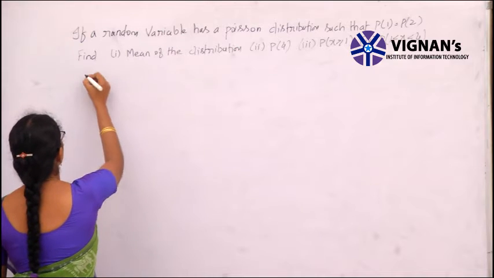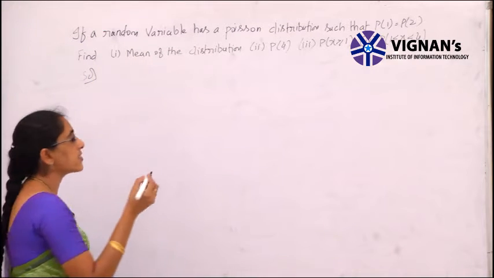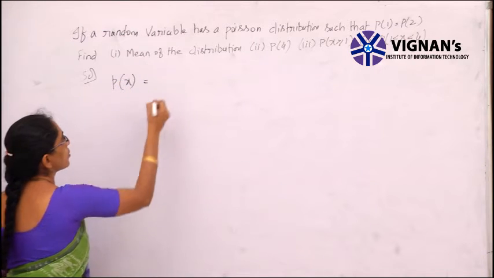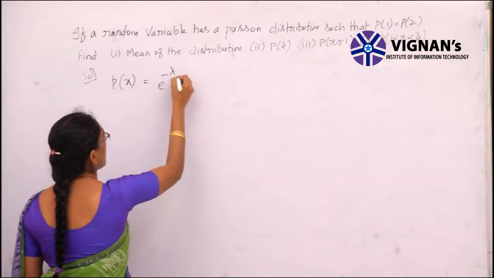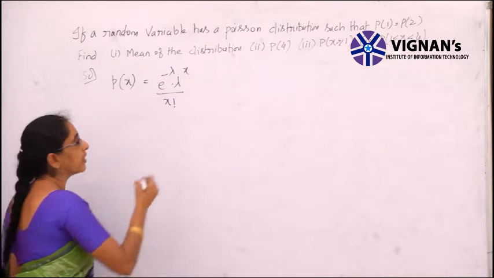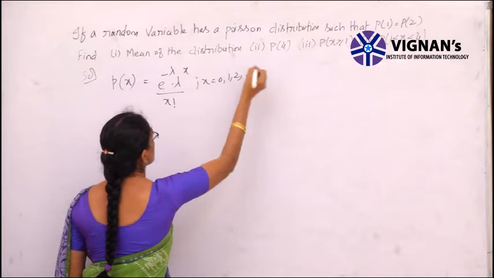To find that, first consider the probability mass function. What is p of x for the Poisson distribution? e power minus lambda into lambda power x by x factorial, where x equals 0, 1, 2, and so on.